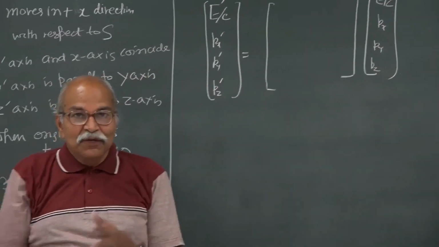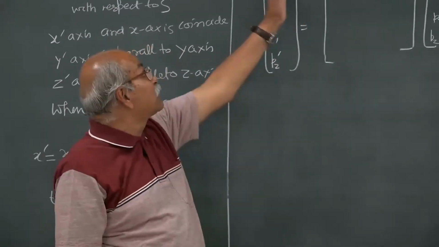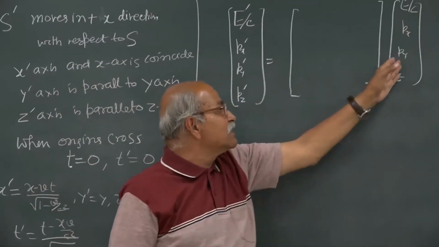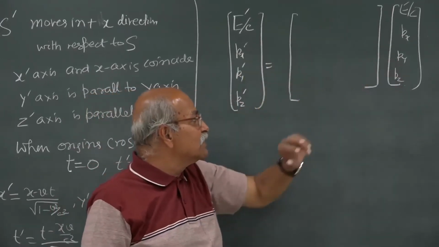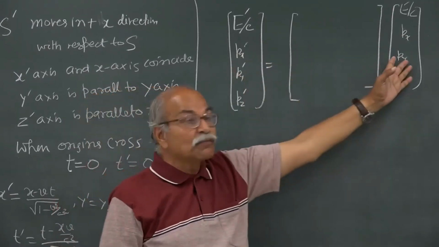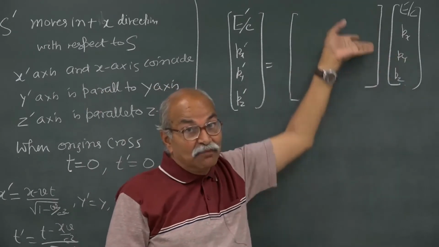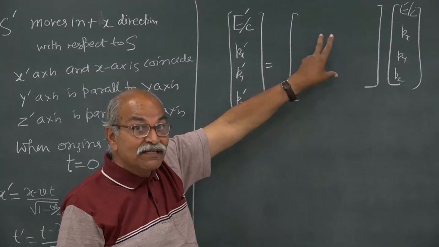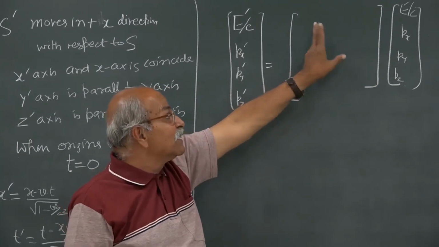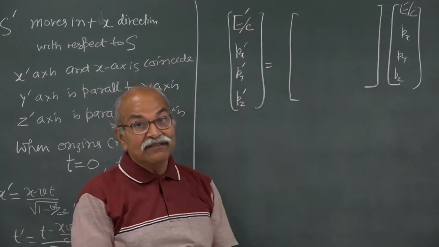So now I don't know how to get E prime from these quantities, how to get this Px prime from these quantities. Py prime will no more be Py, it will have some combination. So depending on what kind of S prime I have chosen, this matrix will be different and the relations will be different.